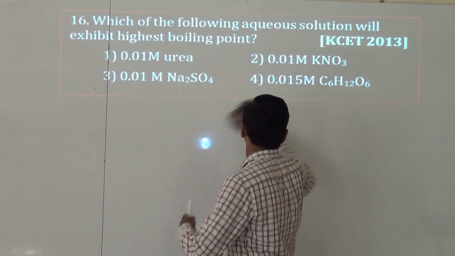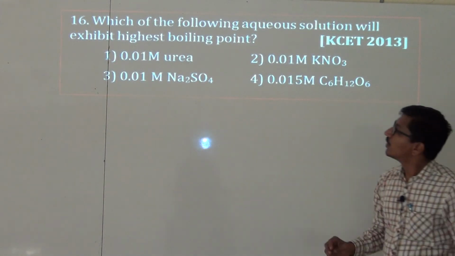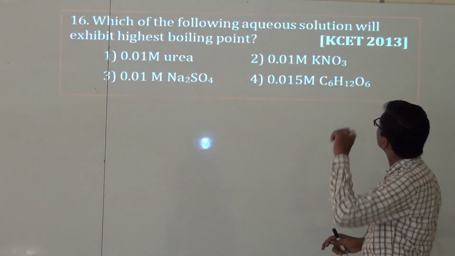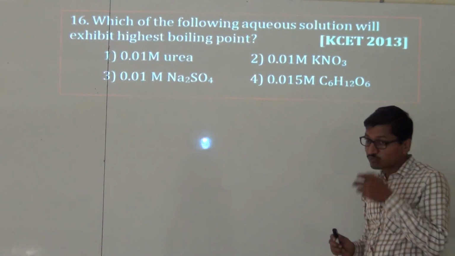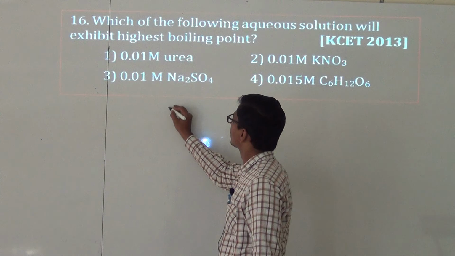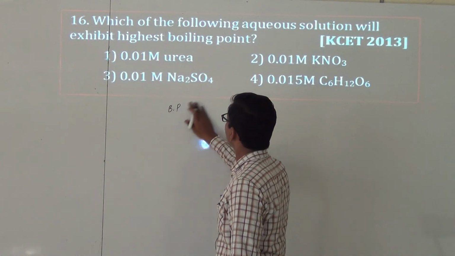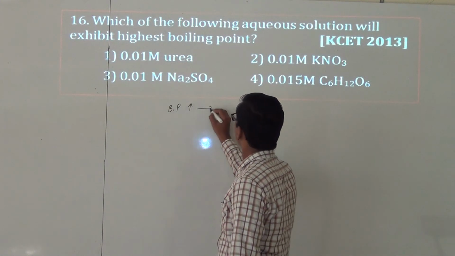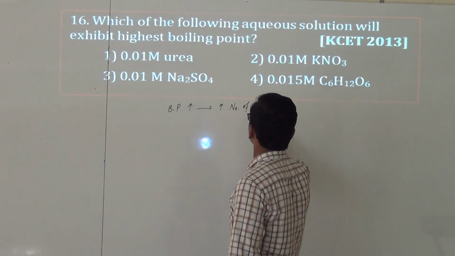Next one is, which of the following aqueous solutions will exhibit the highest boiling point? Highest boiling point means elevation of boiling point. Boiling point increases with increasing number of particles.